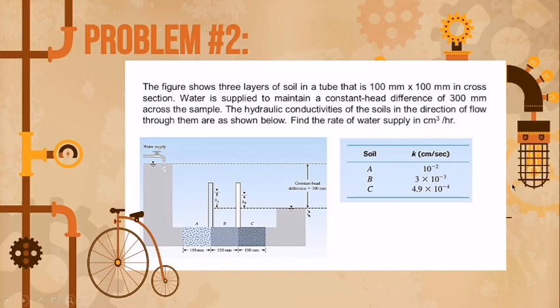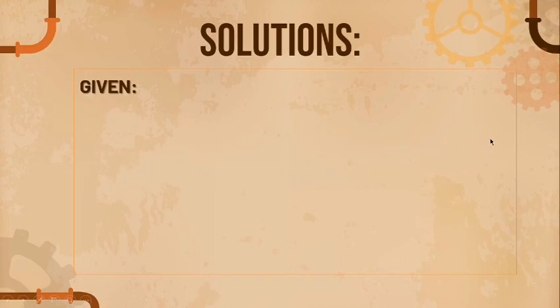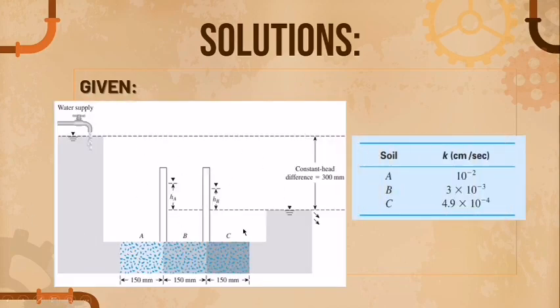So given that we have this figure that shows the direction and the designation of the values given. We have the hydraulic conductivity given for different variations of soil, that's soil A, B, and C, and they also have cross-sectional dimensions.